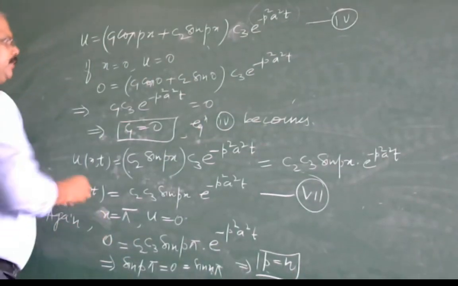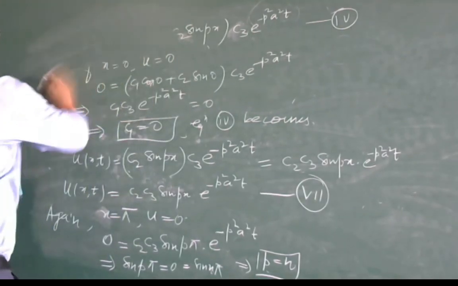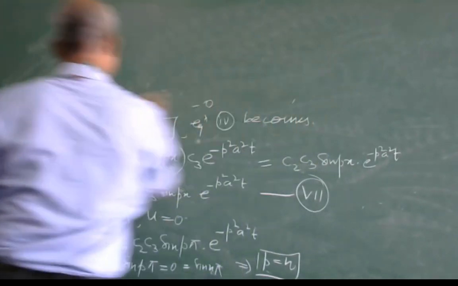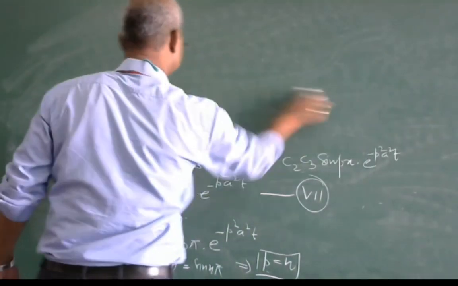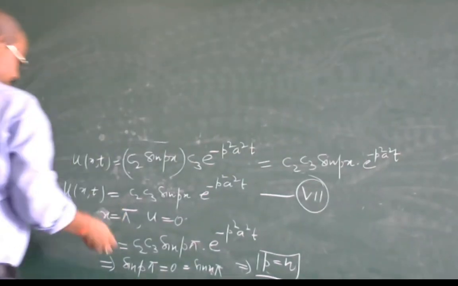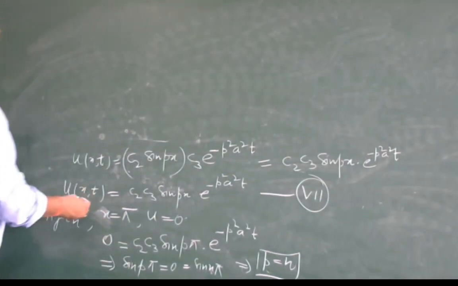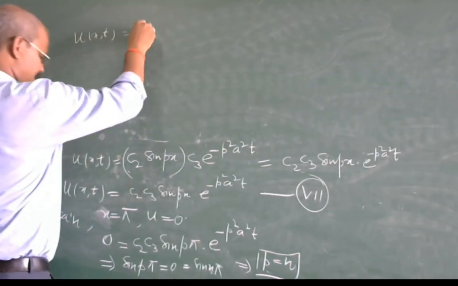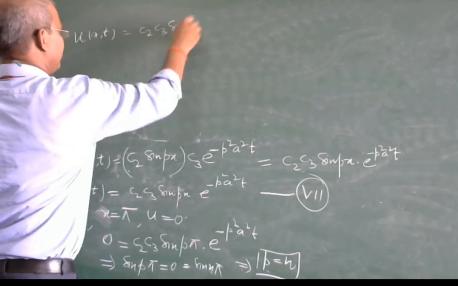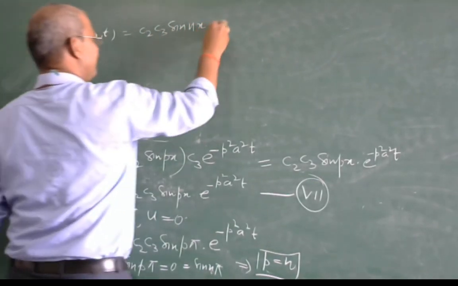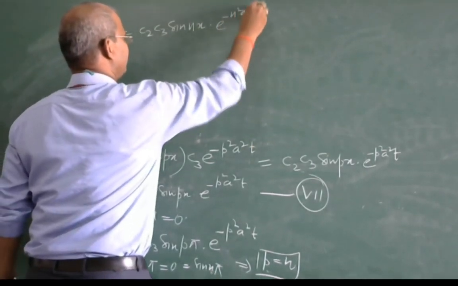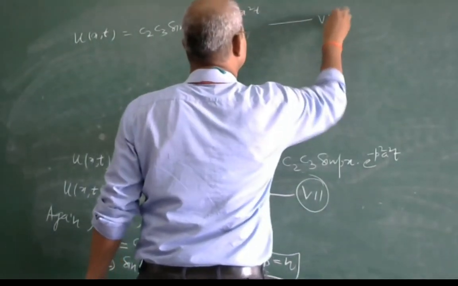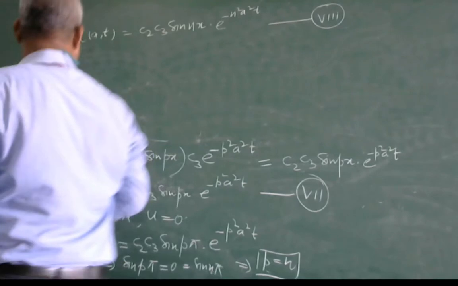Now by putting this in equation 7, u(x,t) becomes C2 C3 sin nx into e to the power minus n square a square t. This is equation number 8.